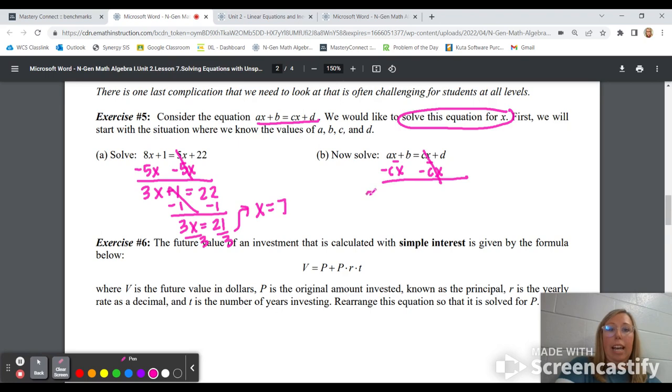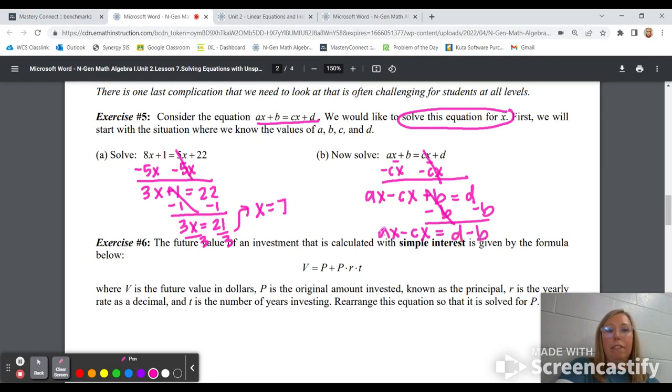So we're going to write that as ax minus cx, and we'll simplify that in just a moment. And then plus b equals d. Now let's go ahead and get rid of b and get it out of the way. So we've got ax minus cx equals, those b's cancel, d minus b.